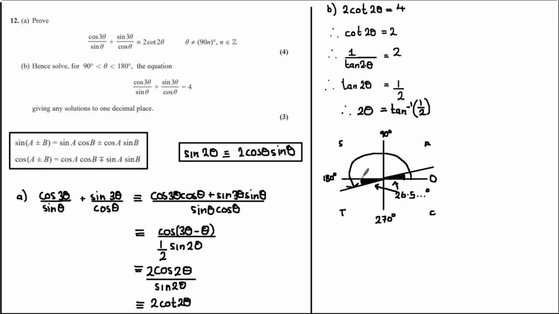And hopefully you can see this angle would be 180 degrees plus this angle which we calculated to be 26.5 degrees and so on. So adding them together would give us our other principal solution.